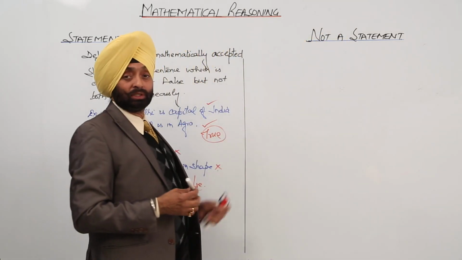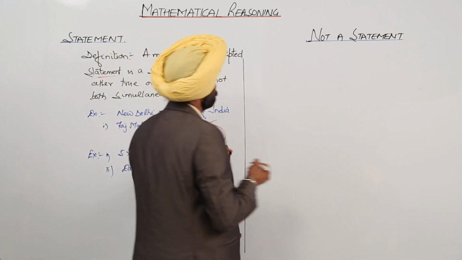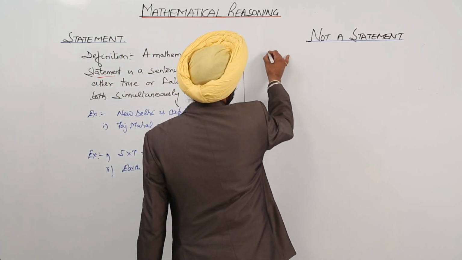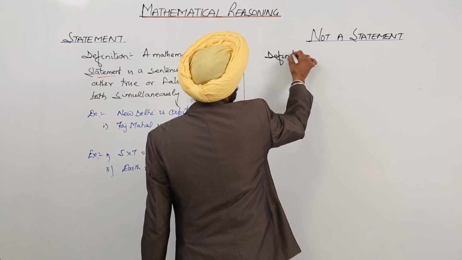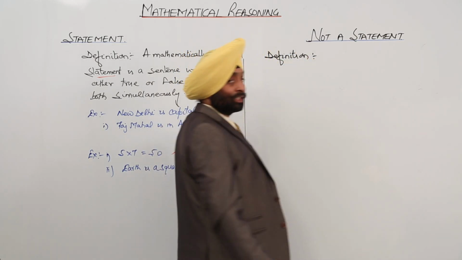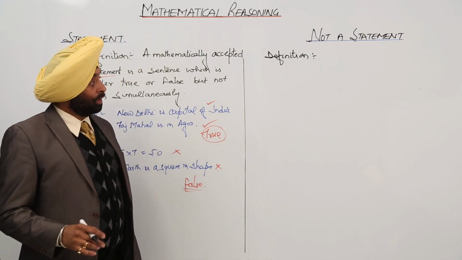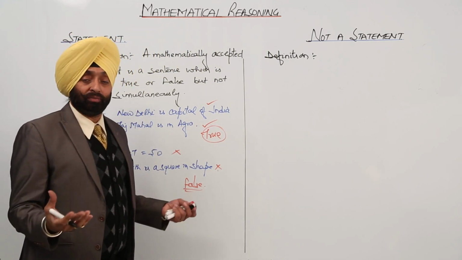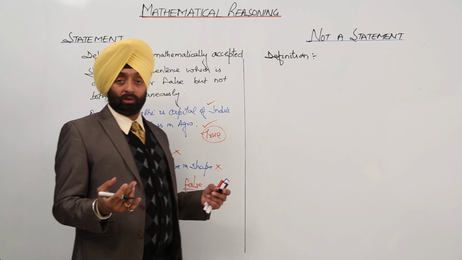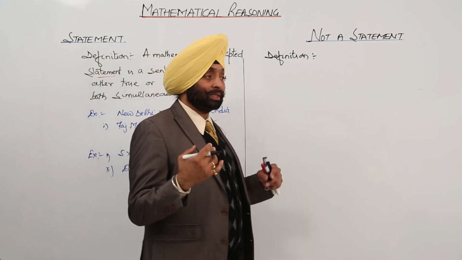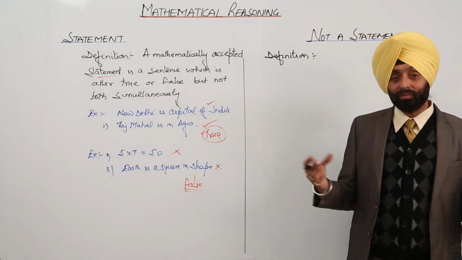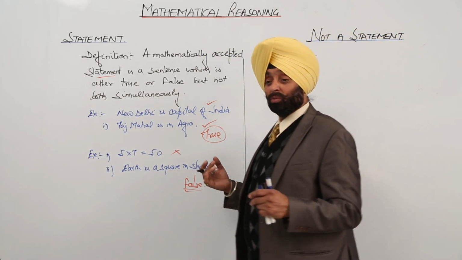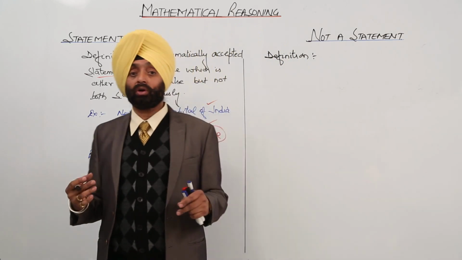Now for not a statement, I gave you an example that today is Sunday. So I can't say whether it is true or false. Okay. Now don't think about why we can't say it. Suppose I forget what today's day or today's date is.